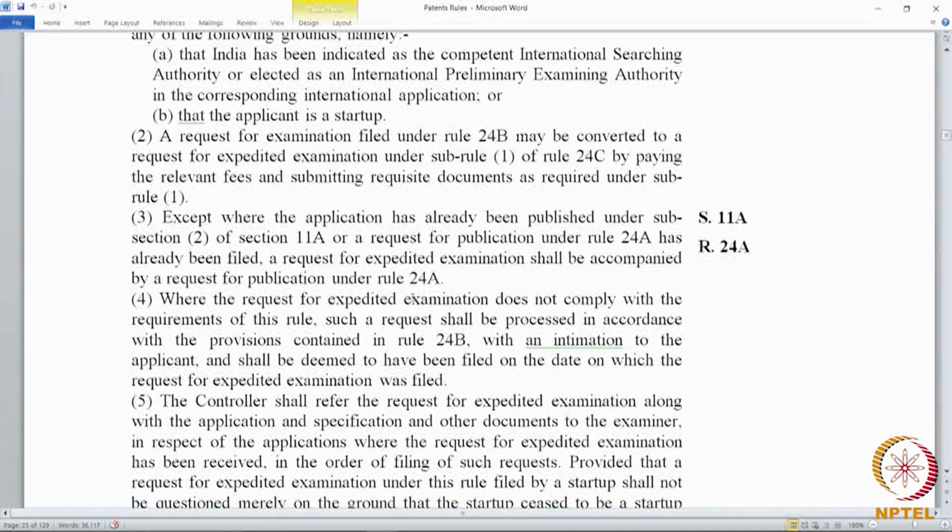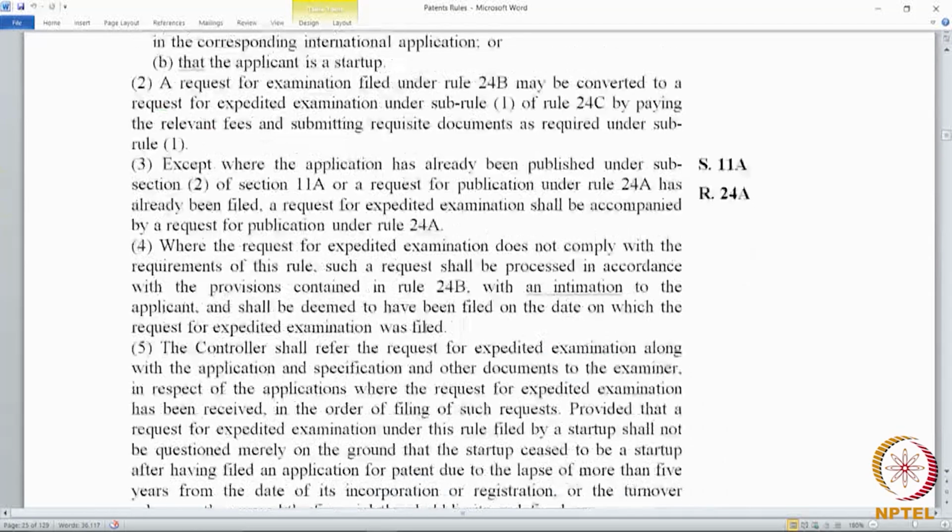How does the Patent Office proceed when a request is filed? Sub-rule 2 states that a request for examination filed under Rule 24B may be converted to a request for expedited examination under Sub-rule 1 of 24C by paying the relevant fees and submitting requisite documents as required under Sub-rule 1.